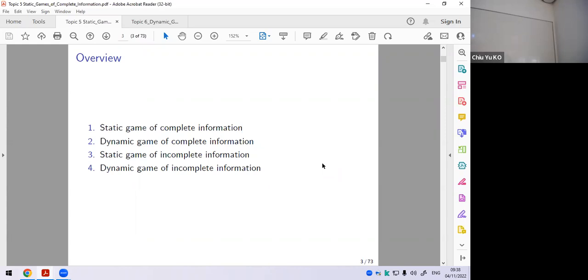Actually, these concepts are heavily used in computer science and other fields, because you will see Nash equilibrium, and some games have no Nash equilibrium, but there are games that have many Nash equilibria. So which one to pick, which one to choose?